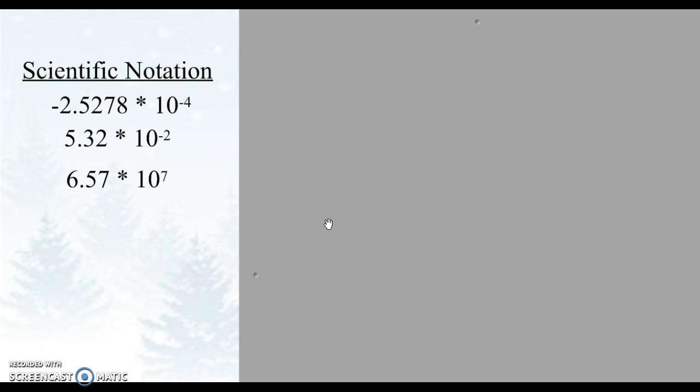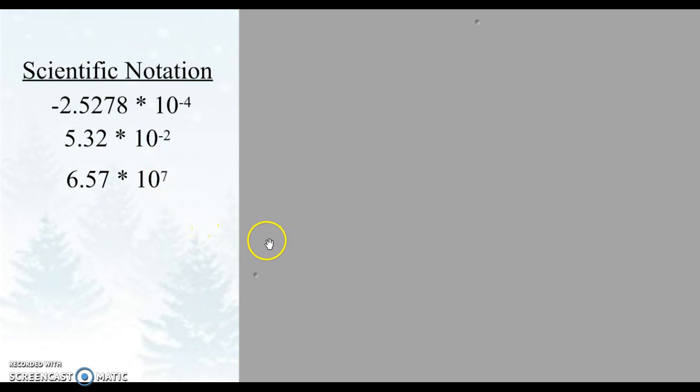It's got a negative exponent, so I know in standard form that that number is going to be under 1. And 6.57 times 10 to the 7th, I know that that's going to be a positive number that's bigger than 1 because my exponent on the 10 is 7 right there.